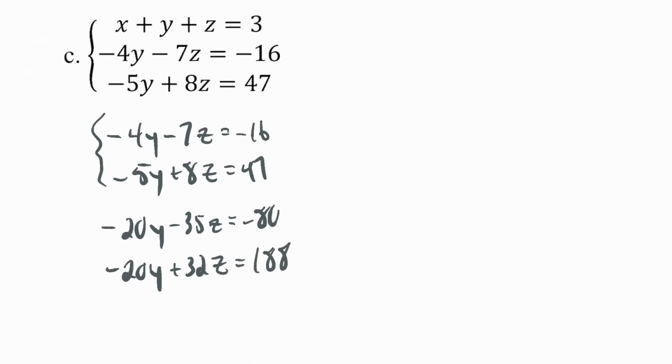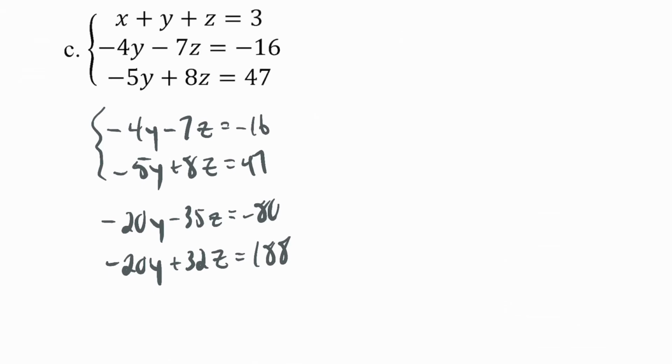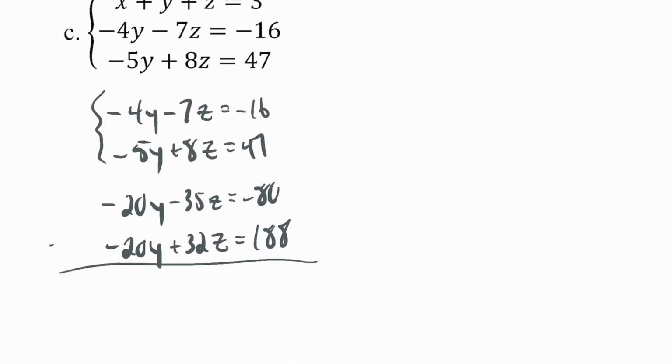That seems wrong though. So 47 times 4. Oh, 188. Cool. Okay. So now I'm going to subtract these. So the y's will cancel out, and I'll have negative 67z equals negative 268. Is that right? Negative 80 minus 188. Yeah, negative 268. Okay.